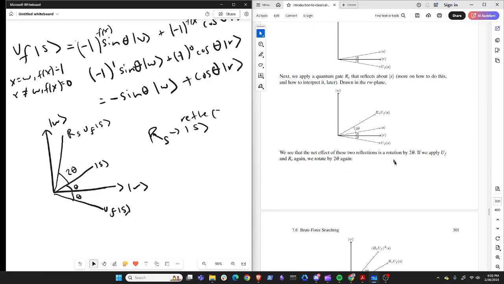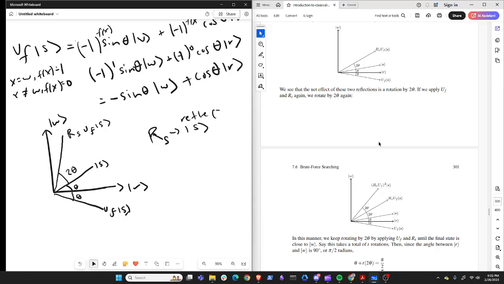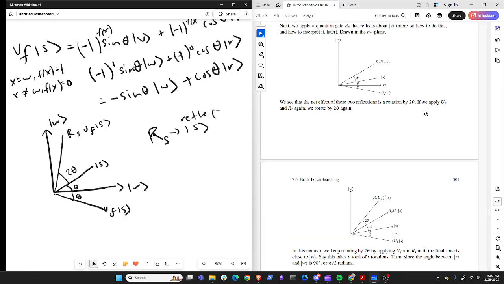Then they do some more rotations. They apply the oracle and rotate by R sub S again.